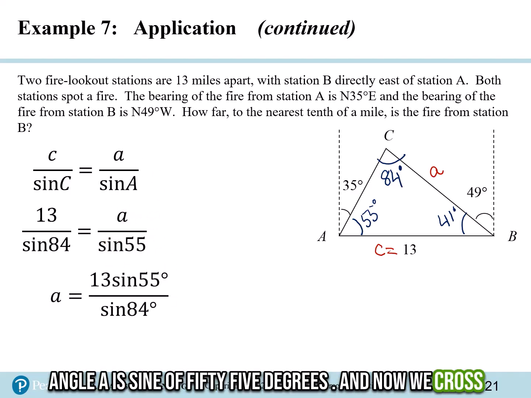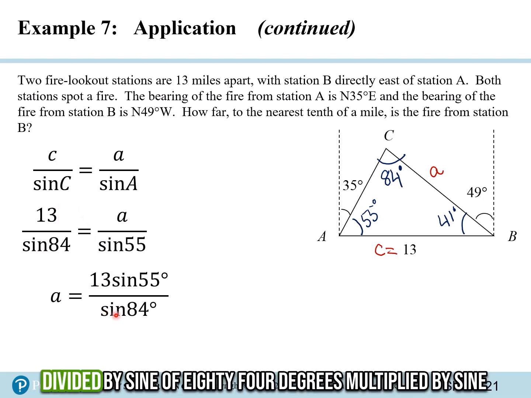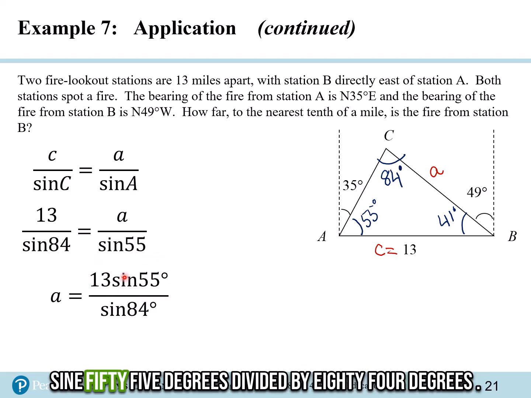And now we'll cross multiply to solve for A. To solve for A, it's 13 divided by sine of 84 degrees multiplied by sine of 55 degrees. In other words, 13 times sine 55 degrees divided by sine 84 degrees.